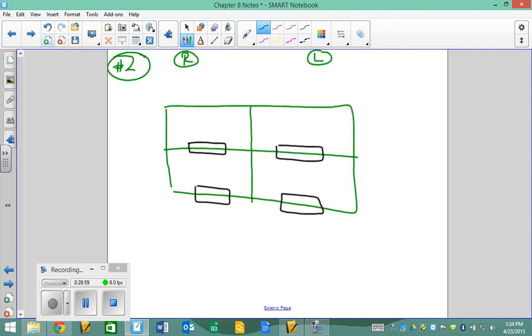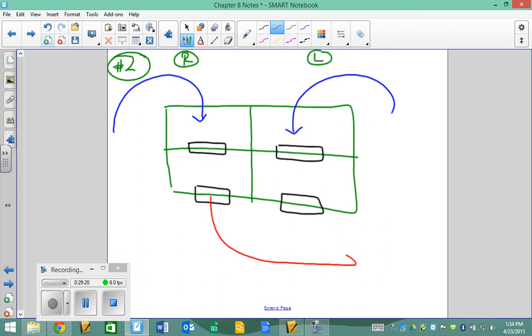Then I know that there are 4 types of blood vessels. There are the blood vessels that go into my right atrium, so this way, and into my left atrium, like that. And there are the blood vessels that come out of my right ventricle and out of my left ventricle.